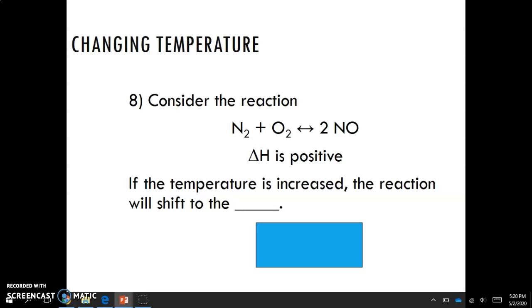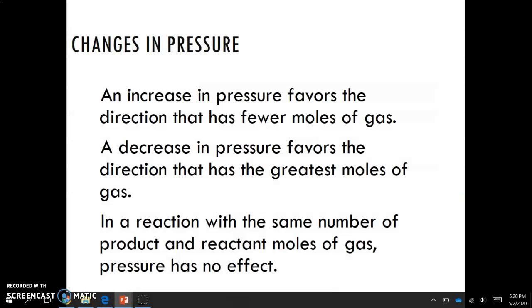So if the temperature is increased, now our reaction will shift to the right, okay? Because again, we're just going to go in the opposite direction. So if the temperature of the surroundings is increased, we're going to shift to the right in order to favor that opposite direction.